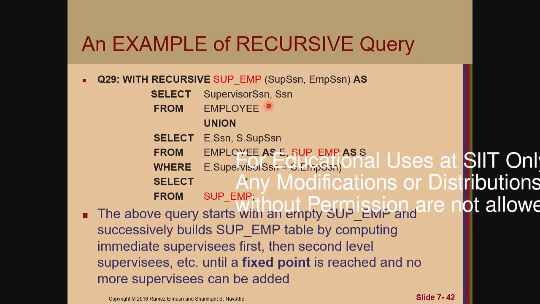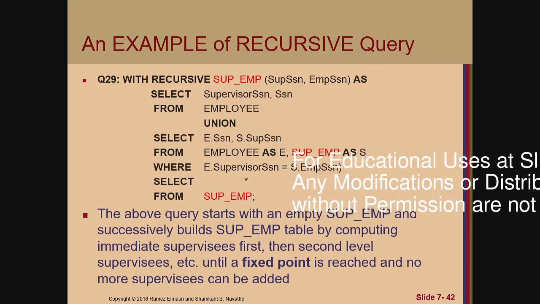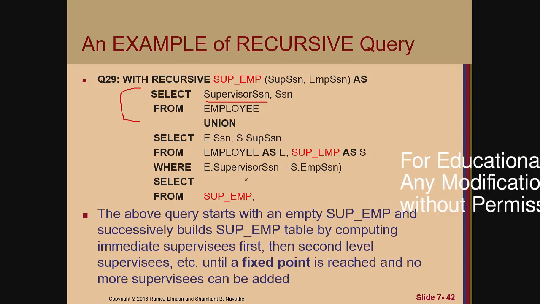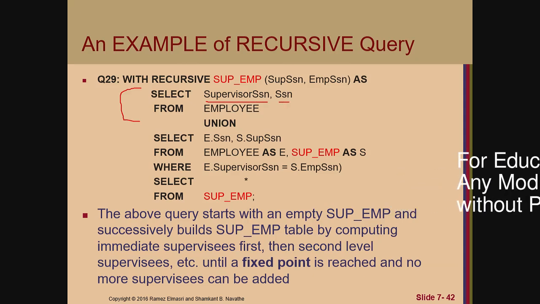Okay, we select with two conditions. The first one, supervisor SSN and supervisee SSN from the employee. Okay, we get pairs of them, right?